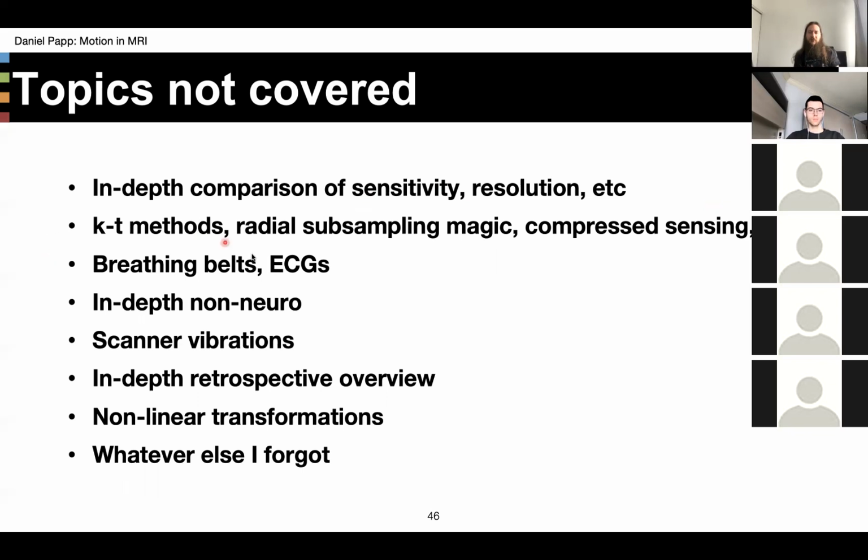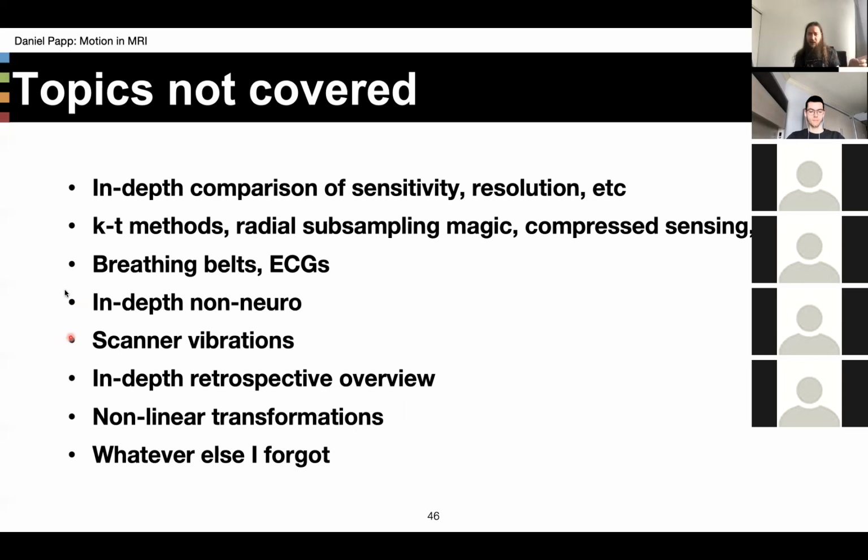I didn't talk about breathing belts and ECGs. I didn't really tell you anything about non-neuro applications. I didn't mention scanner vibrations, which are pretty important if you're doing high resolution diffusion, because your diffusion gradients will vibrate the table, and as the table vibrates, the head vibrates, and as the head vibrates, your encodings are off. So that's something to take into account.